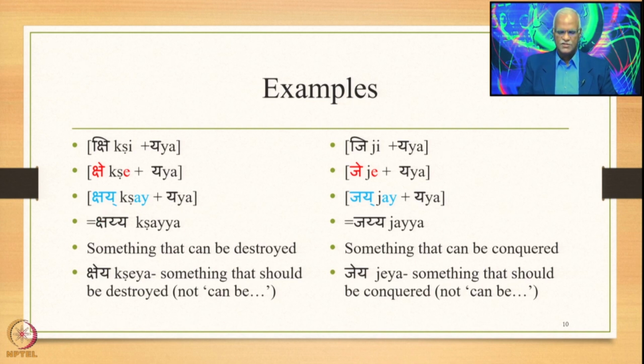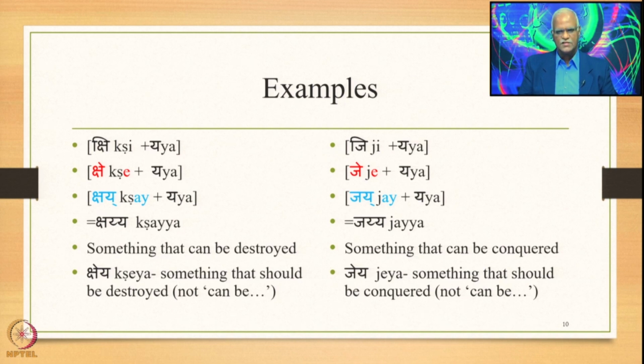Such sutras are called Nipatana sutras because they are too specific. So these two examples denote something special, some specific meaning, so that some specific meaning acts as the domain of operation of this rule, and also the word form which is pertaining to two roots kshi and ji.